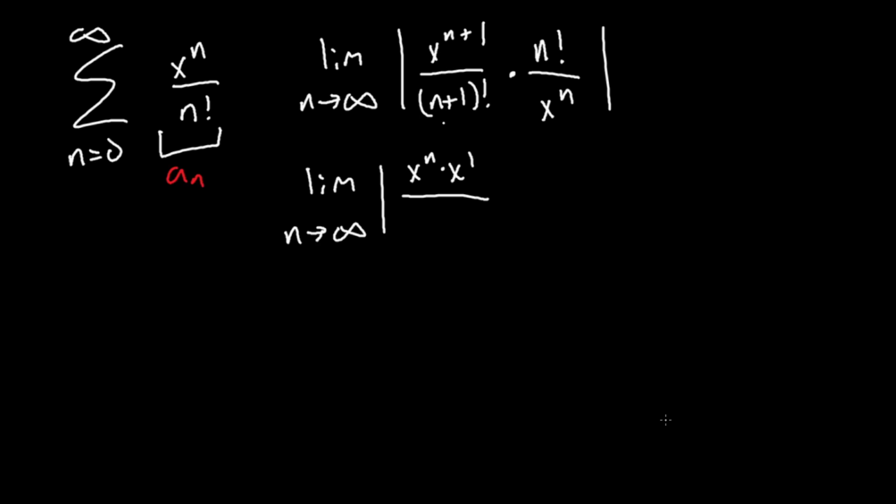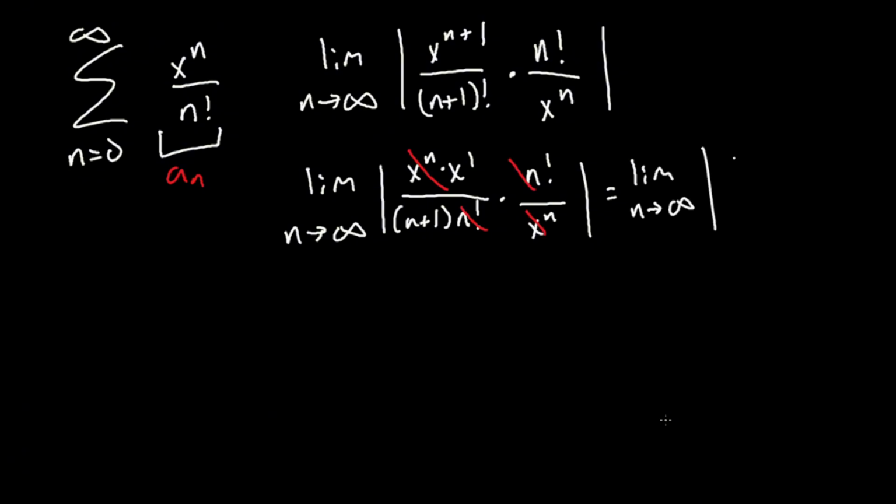We can also separate the factorial to get n plus 1 times n factorial over x to the n. These cancel out, so we are left with the limit as n approaches infinity of the absolute value of x over n plus 1.